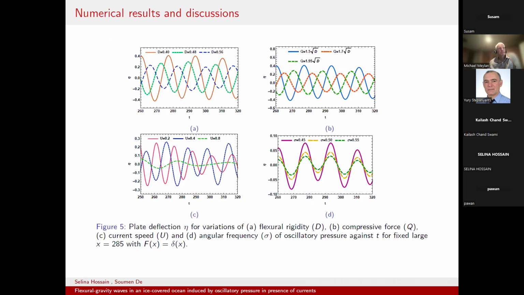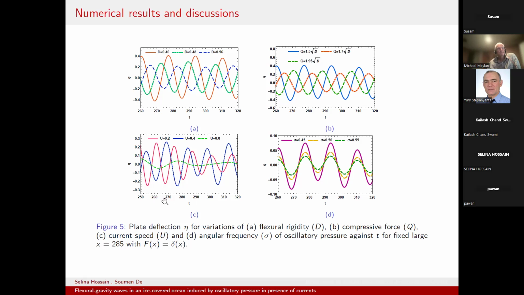In figure 5, we have plotted eta with respect to t for the same parameters, and it is observed that as d increases, the amplitude of eta decreases. Figure 5b shows that as q increases, the amplitude of eta decreases, and also the frequency of oscillation decreases.